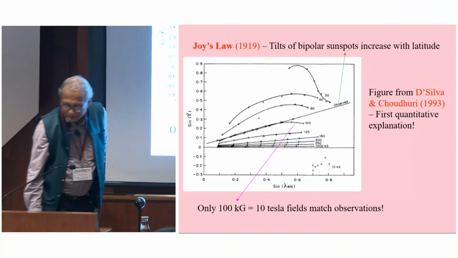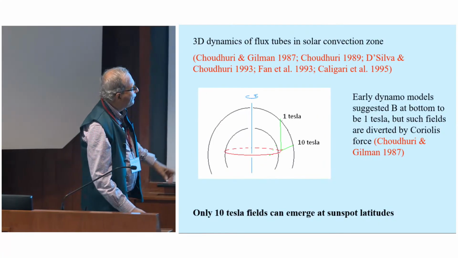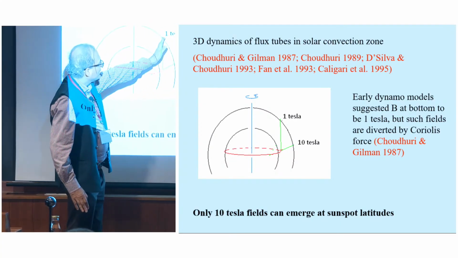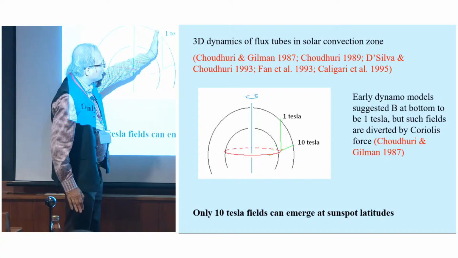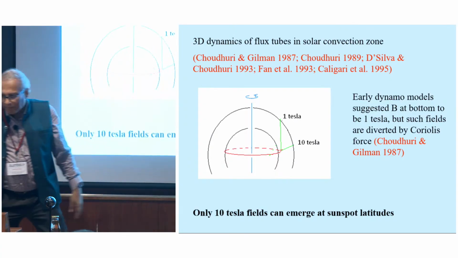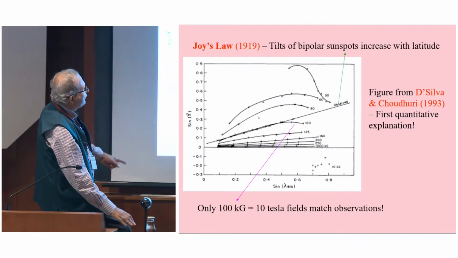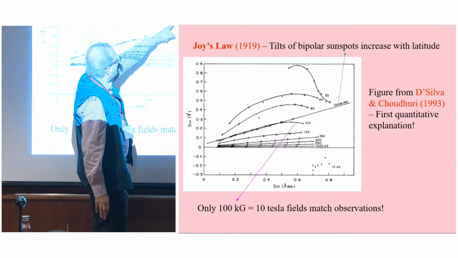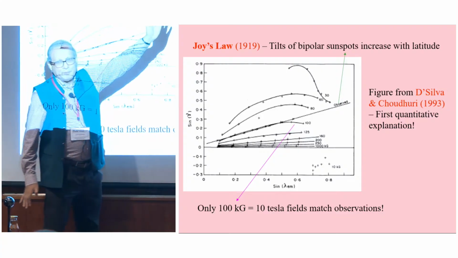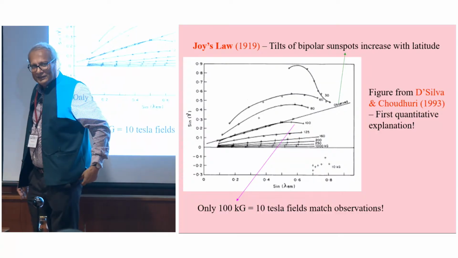I already pointed out that if the magnetic field is weak, then Coriolis force makes it go to very high latitude, and it does not emerge at the appropriate sunspot latitude. So that's what we see, that if the magnetic field is sufficiently low, then things appear only at rather high latitudes, and there is nothing at low latitude.